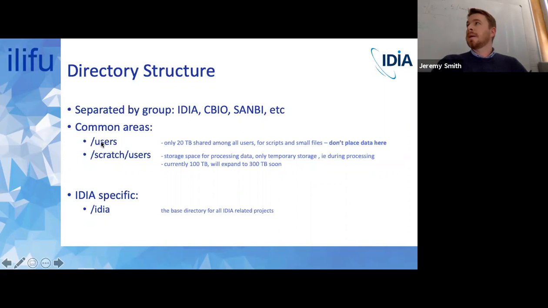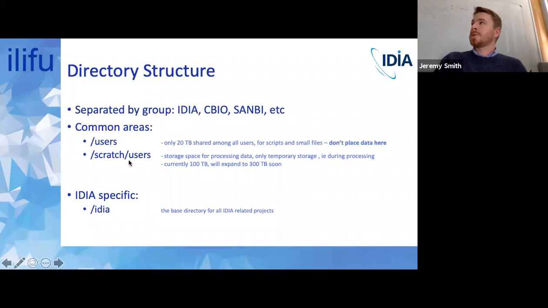The other common area is a Scratch space where you'll also have a user directory. Your home directory is /users. This mount is only a 20 terabyte mount shared amongst all users, so home directories are only for small scripts and small files. Please don't transfer data or install large software in the /users section.